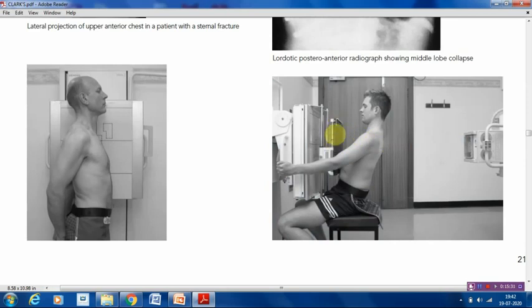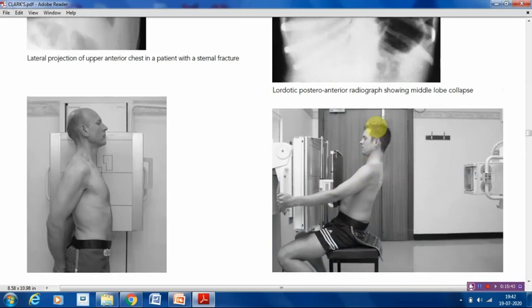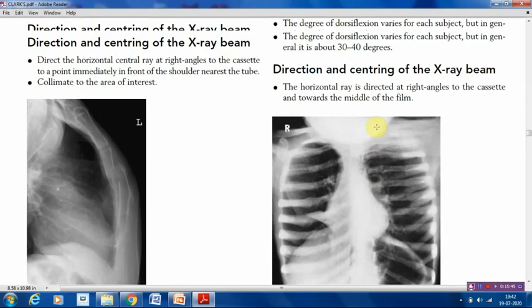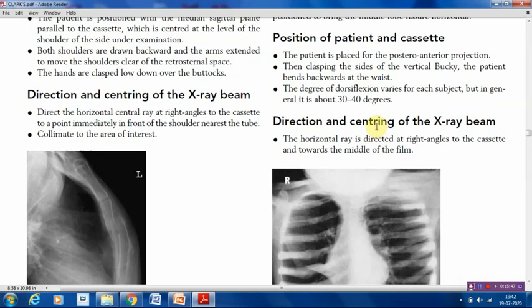This is the cassette, and this is the patient. This is the patient's coronal line, not coronal plane. Sorry, coronal line. There will be a 30 to 40 degree angulation away from the cassette.